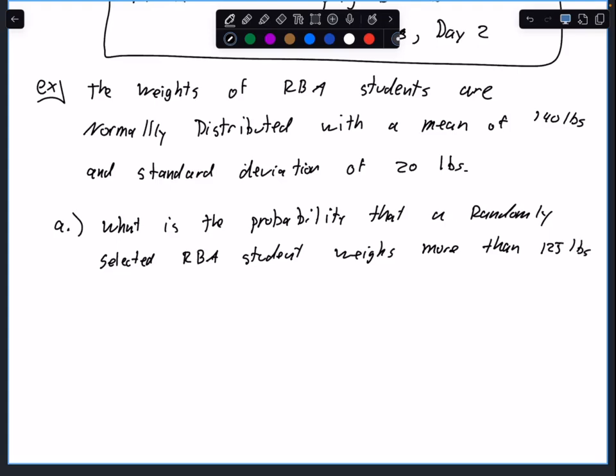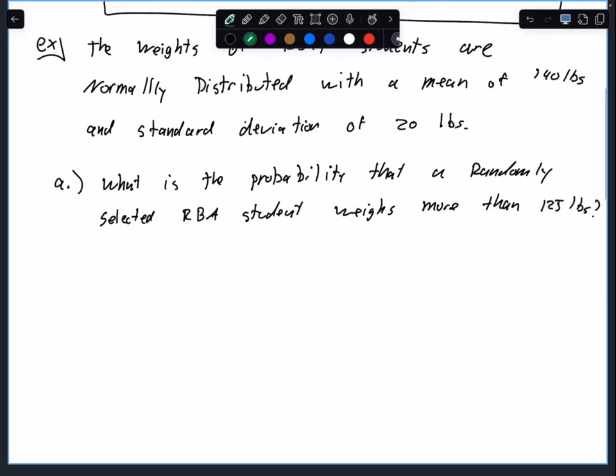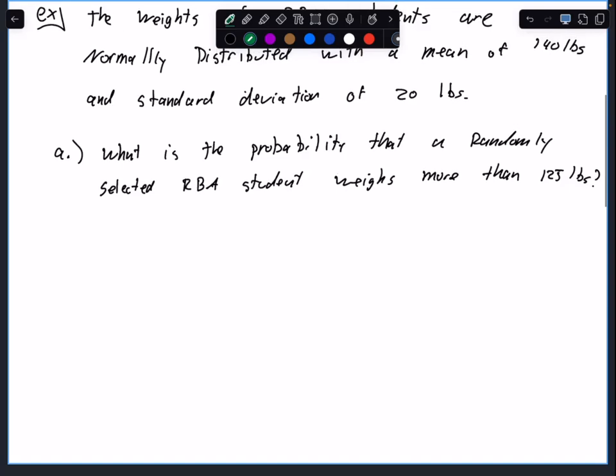So again, very similar to our do now question. This is basically what we did last unit. Nothing really is going crazy yet. So it's normal. This is not a sampling distribution problem. We're going to go straight to right here.